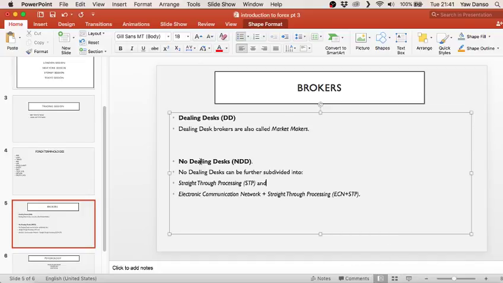These brokers only make money when you trade. When you place a trade, they either charge you a commission, and the commission will depend on your lots, the size that you trade.